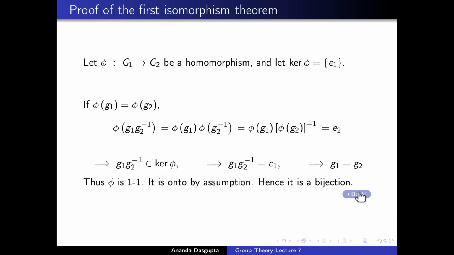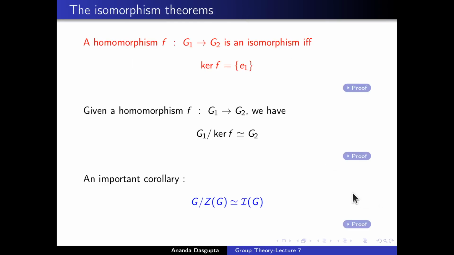Let us now turn to the second isomorphism theorem, which, remember, is a way of cooking an isomorphism out of a homomorphism. If you have a homomorphism between two groups G1 and G2, then it turns out that the quotient group that you get by quotienting out the kernel of the homomorphism from the domain happens to be isomorphic to the range.